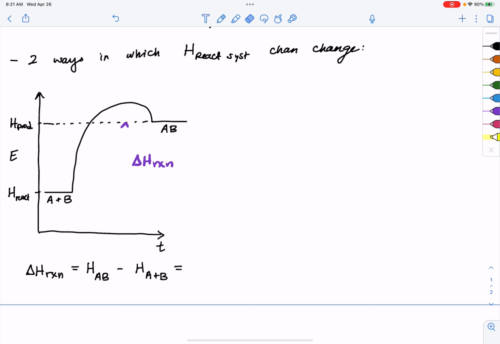And specifically, in order for us to get from reactants to products, we had to increase the amount of energy that our reactants had available to us. So this is a positive heat of reaction.